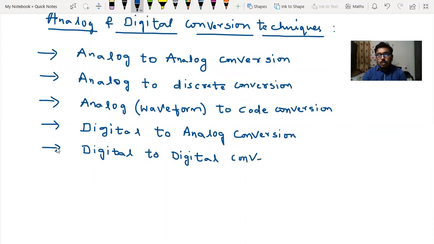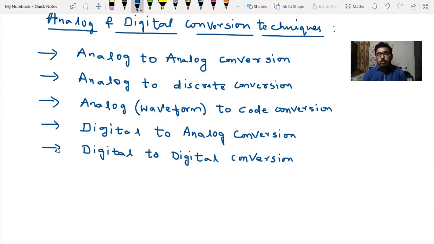Okay. So in all these cases, whenever we go for these conversion mechanisms, we are using certain modulation techniques. In each type of conversion, we consider different modulation analysis.